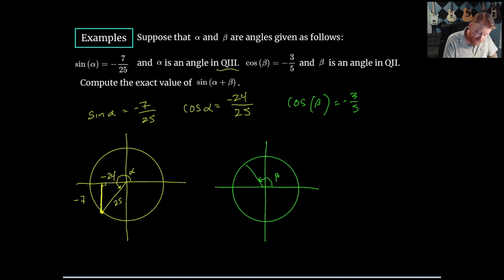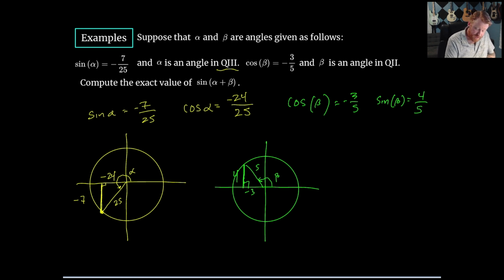And we know that its cosine is negative 3 over 5. So if we drop in a reference triangle here, we're going to have negative 3, and the hypotenuse is 5. This looks like a 3, 4, 5 triangle to me, so without getting into too much detail, with the Pythagorean theorem, I would get that the y value here is 4, which tells me that the sine of beta is going to be 4 over 5.